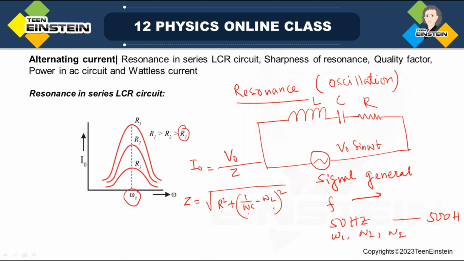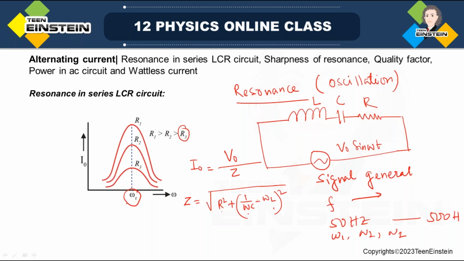As we deviate from that particular frequency, the current decreases on either side. So if we vary the frequency of the applied alternating voltage, at a particular frequency the current shows a peak, and on either side of that frequency the current decreases.